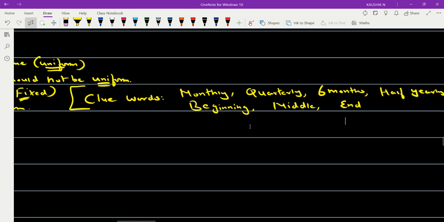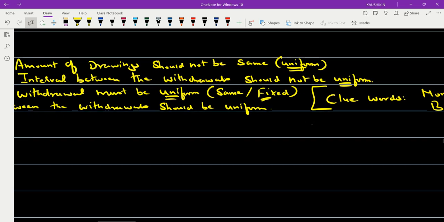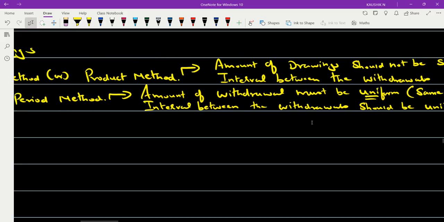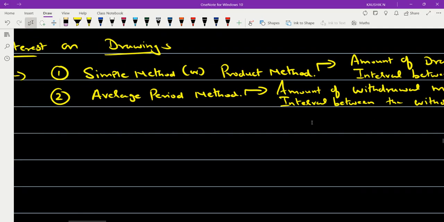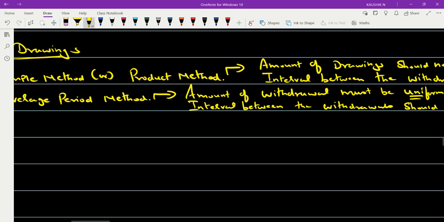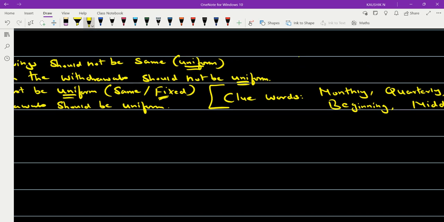Now, okay sir, we got the concept clarity to some extent. But apart from this, is there anything like a format or do we have a formula? Yes, we do have a format and formula, and apart from that, there is something called a table value. We have a predefined table value which we have to make use of, and by which we will calculate our interest on drawings, and that is applicable only for the average period method. For the simple product method, you have a format and formula.